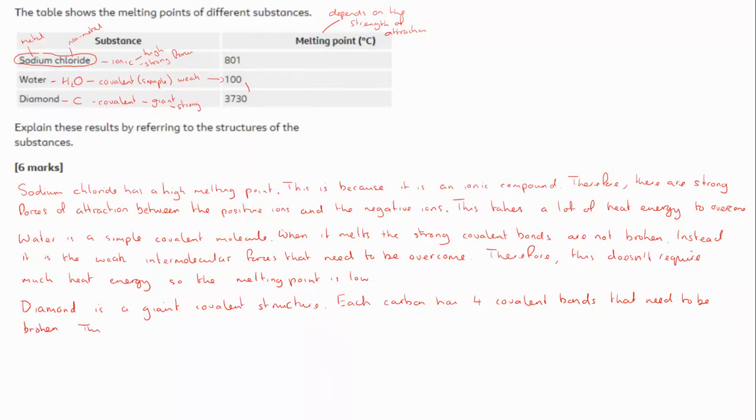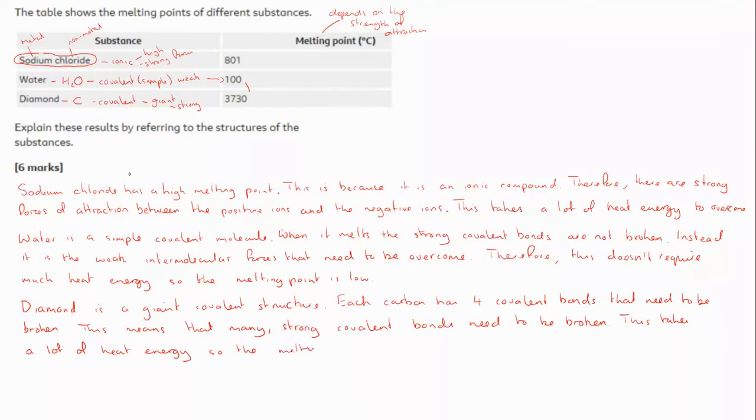So this means that many strong covalent bonds need to be broken. This takes a lot of heat energy. So the melting point is very high.